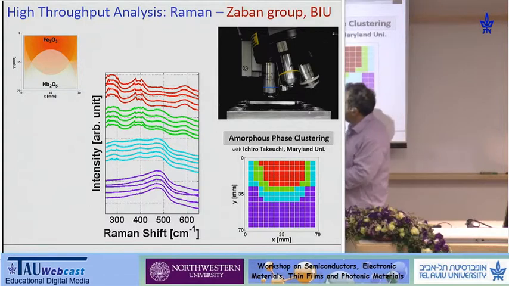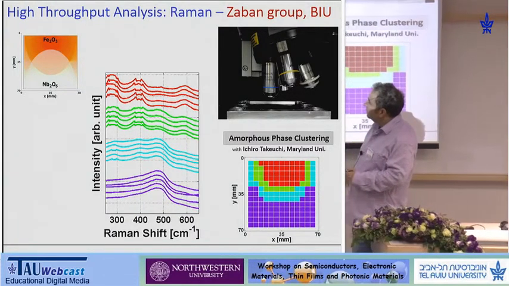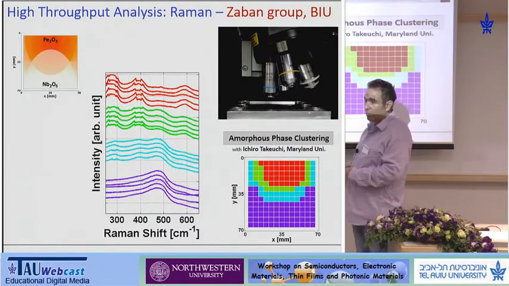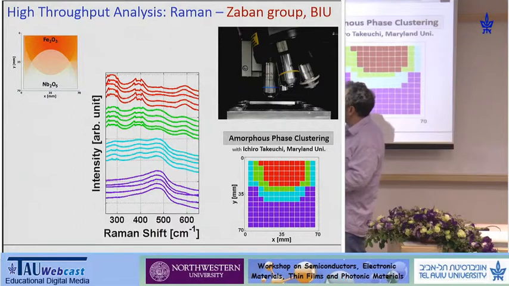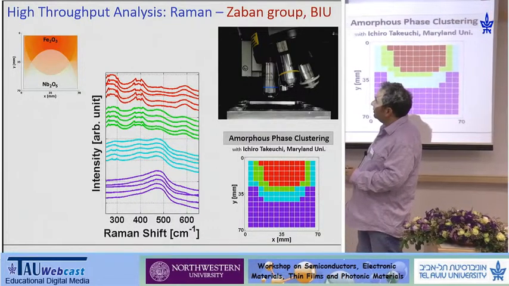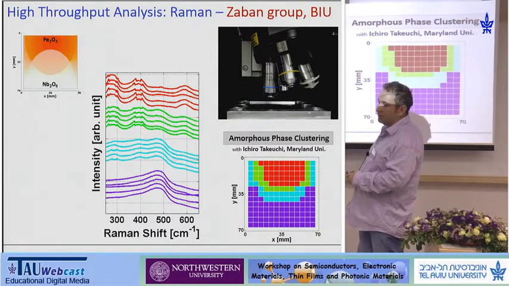A powerful technique is a technique that does self-similarity. Basically, it compares different Raman spectra to each other, and it decides that this part is more similar to itself than this part, than this part.